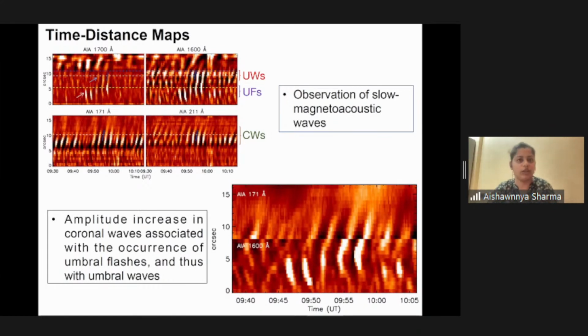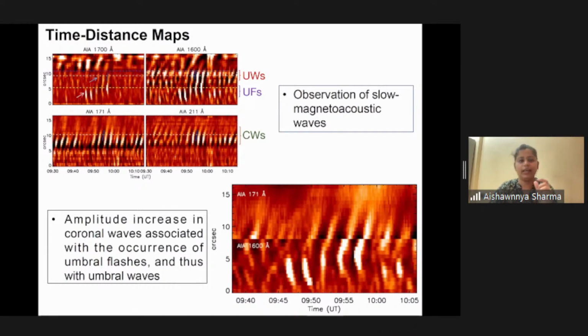Now I'm going to AIA 1700, sticking to AIA 1700. What we can see with time, along the x-axis, is the propagation of intensity disturbances, meaning we can see the propagation of bright and dark ridges with time.